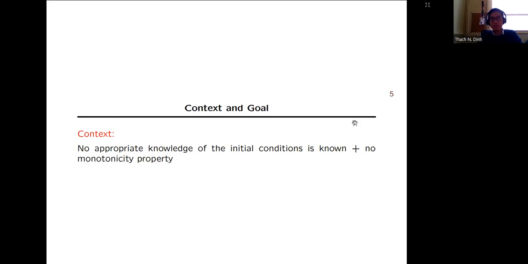For classical design of interval observers, those assumptions are a must, or even when we use some zonotope or ellipsoid technique, we still need the bounds of the initial condition.